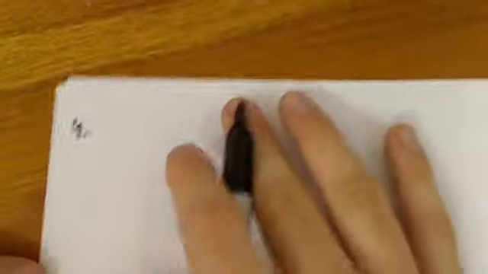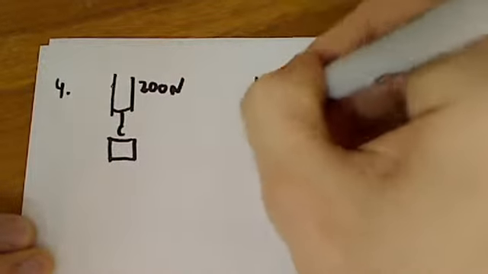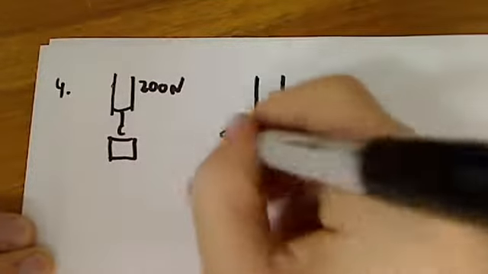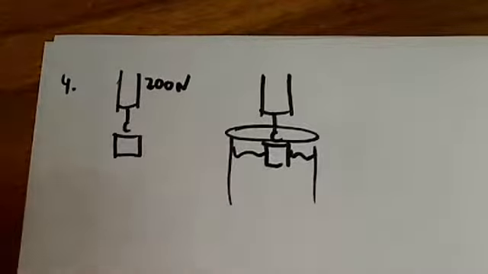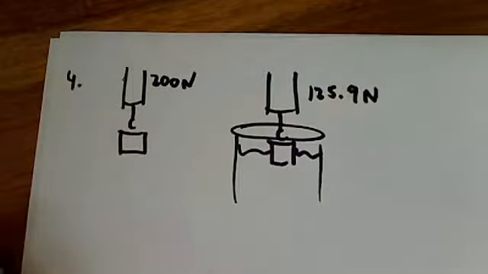Okay. So we have a situation where you weigh the object on a scale, and we find it to be 200 newtons. Then you do the same thing, but this time in water, and you find it to be 125.9 newtons.